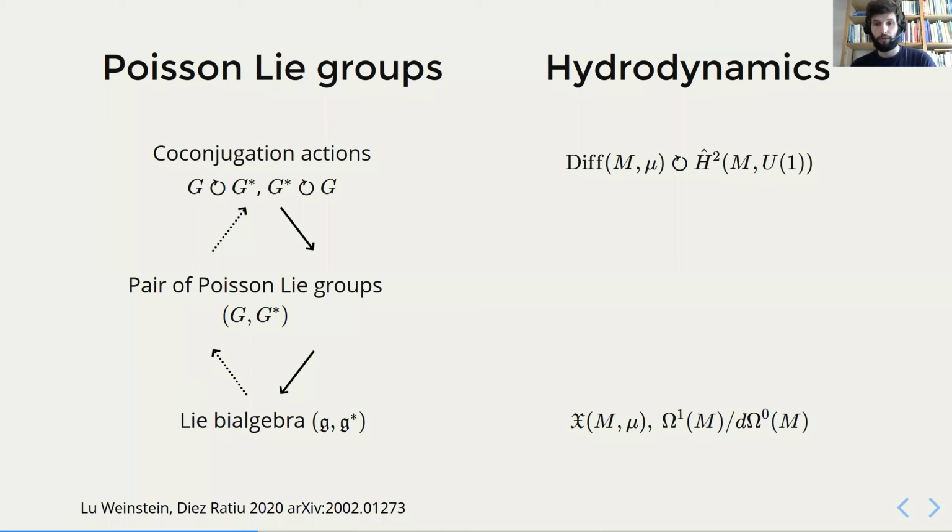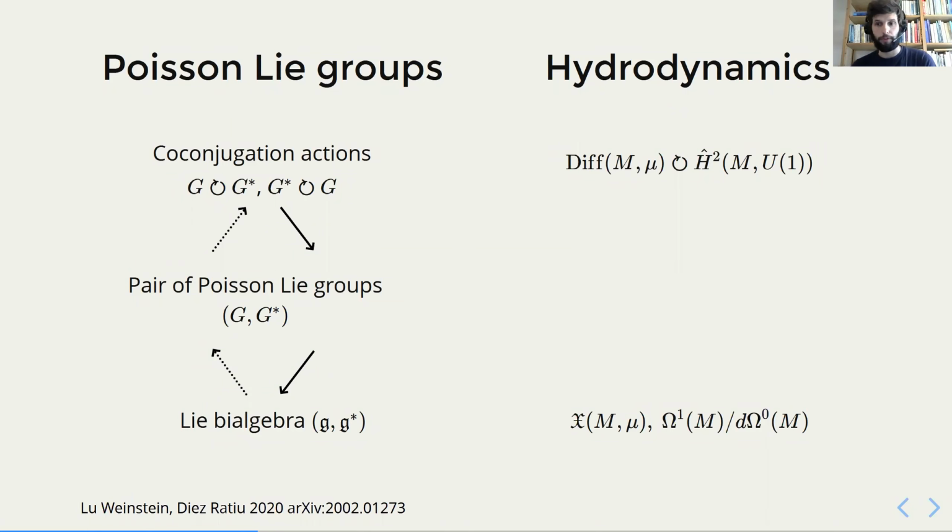The way you can think of this as the Lie algebra is that if you have a connection on a principal U1 bundle, then every other connection differs by exactly a one form on the base. And then the gauge transformations are acting exactly by taking the exterior derivative. So you can think of these one forms modulo exact forms exactly as the space of gauge connections on a trivial bundle modulo gauge transformations.